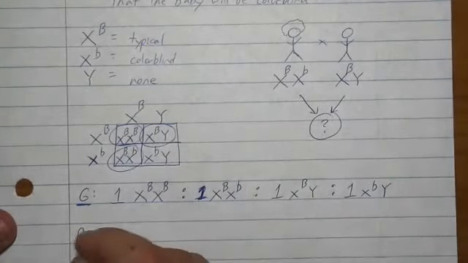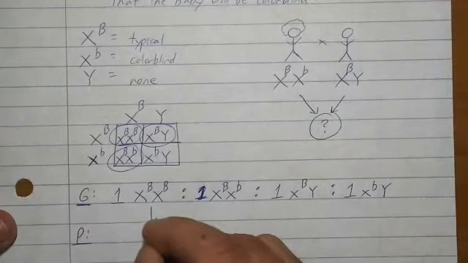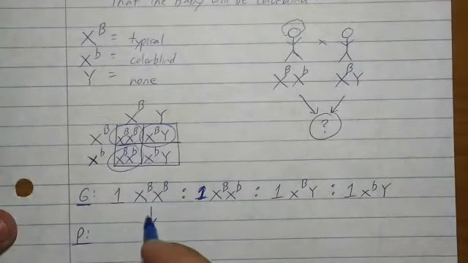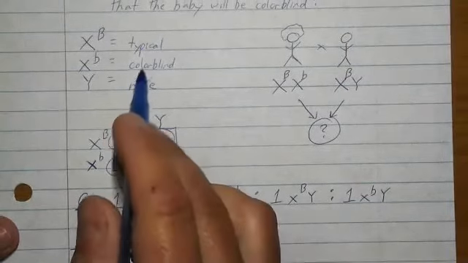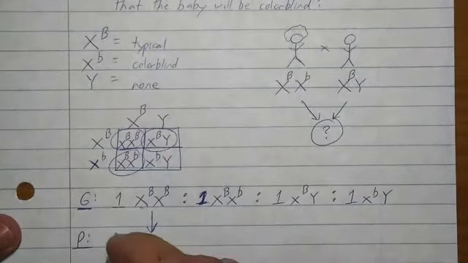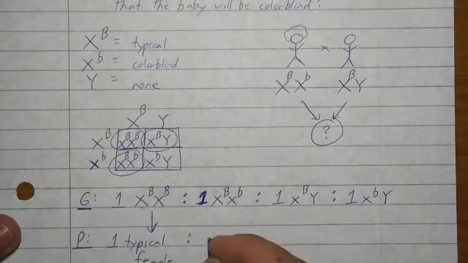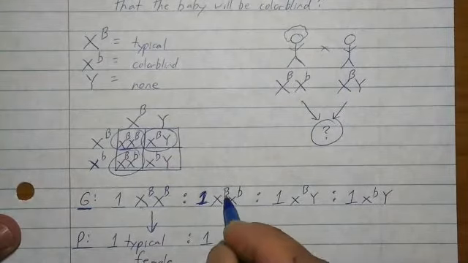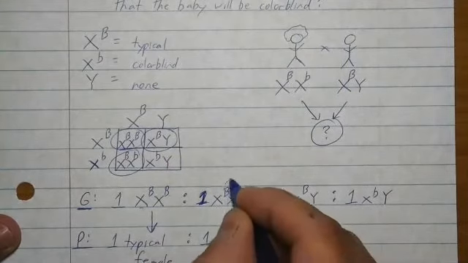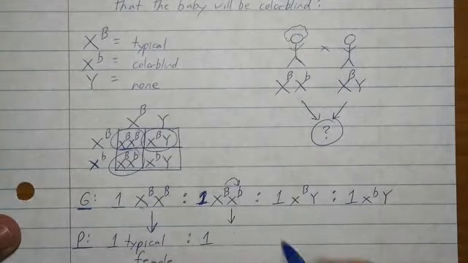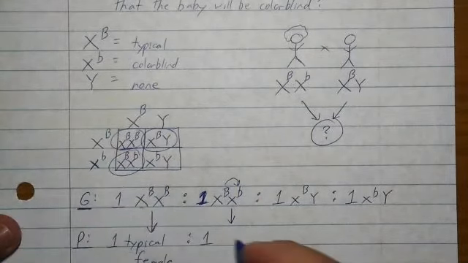All right, phenotypes. What do these people come out to be? This is a female, and she's got capitals, so she's typical. So I say 1 typical female. This is a capital and lowercase. The capital is going to dominate over the lowercase. So typical is going to be here too.